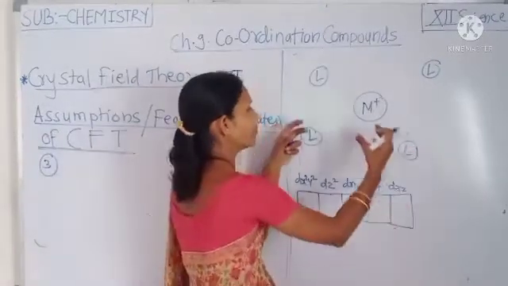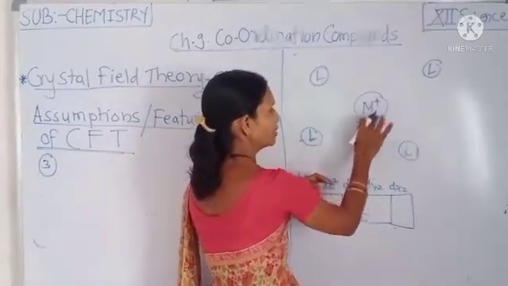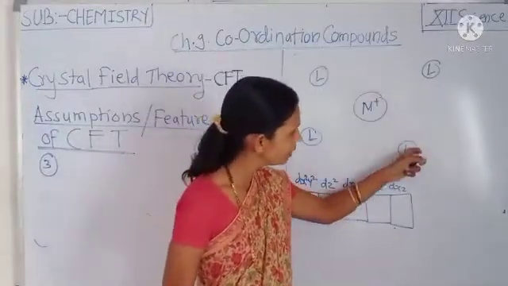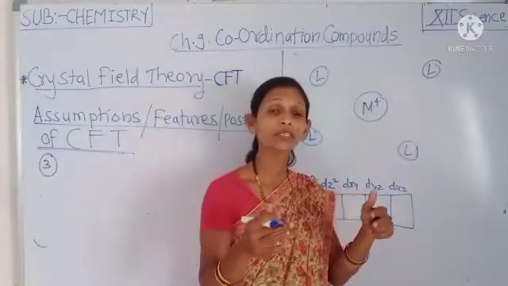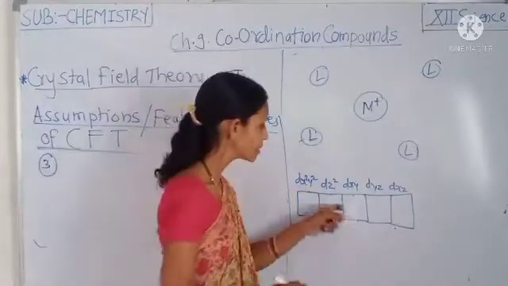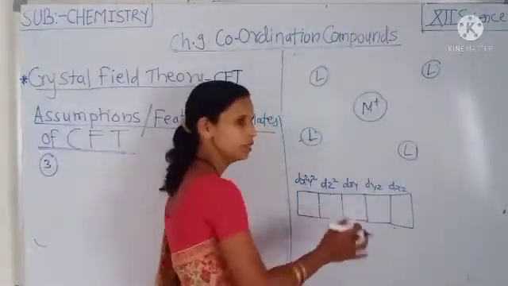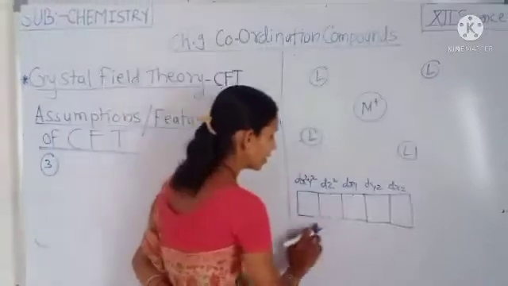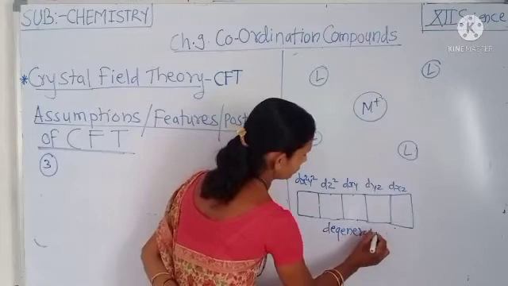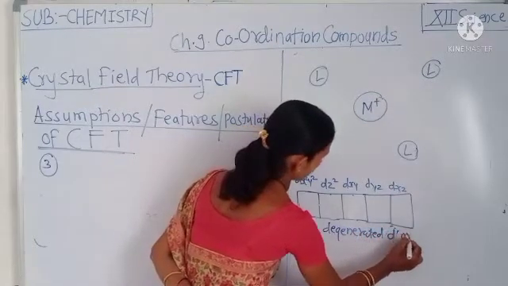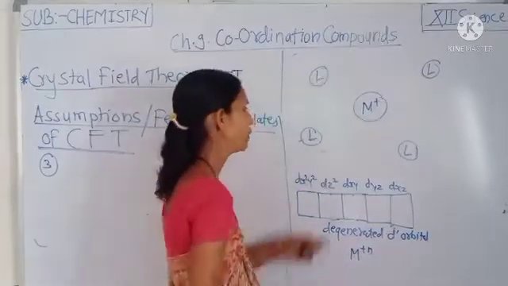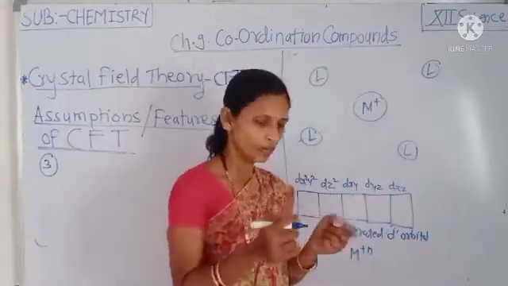But when ligands approach the metal ion as point charges, repulsion and interaction take place between metal ion and ligands, which causes the splitting of these degenerate d orbitals of the central metal ion.